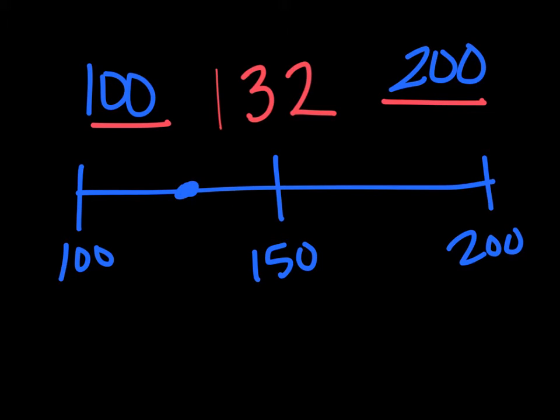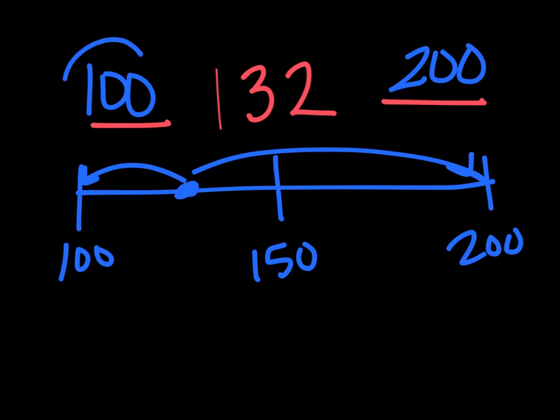And then I see that 132 is closer to 100 than it is to 200. So I would say that 132 estimates, or remember that's a synonym for round, rounds to 100. Okay, so you can use the number line method. Most of us know that that takes quite a while, so we've probably adapted to other methods. So I'm not going to use that one very much.